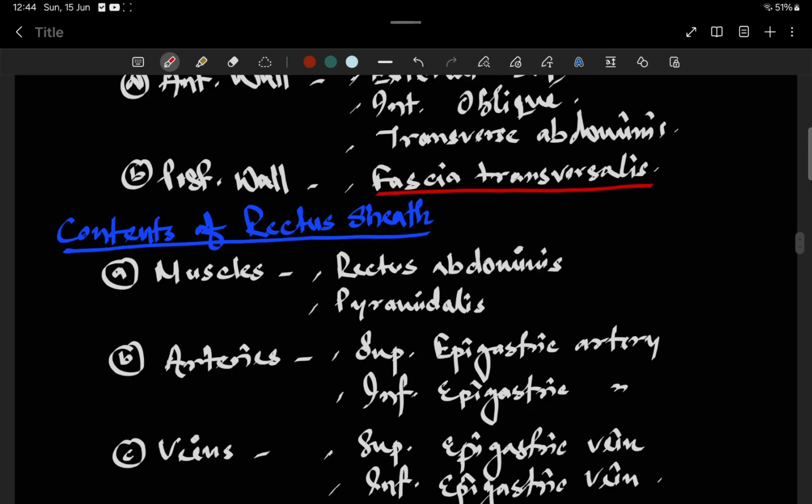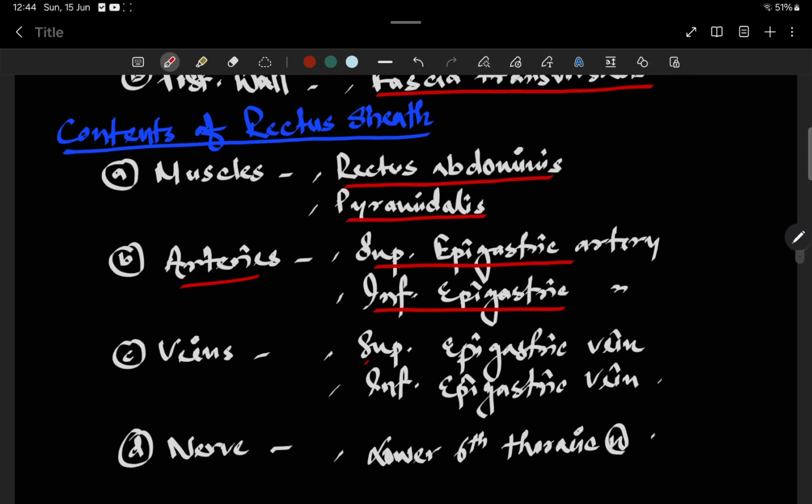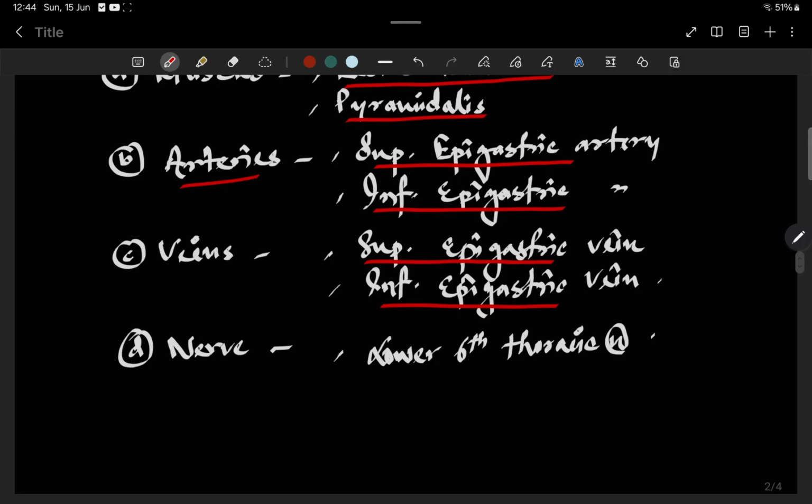The contents: muscle contents are the rectus abdominis muscle and pyramidalis muscle. Arterial contents are the superior epigastric artery and inferior epigastric artery. Venous contents are the superior epigastric vein and inferior epigastric vein. Nerve content is the lower 6 thoracic nerves.